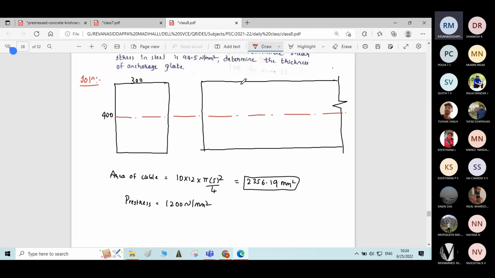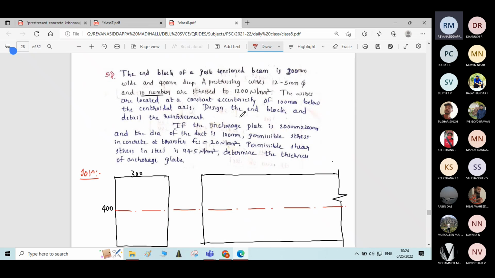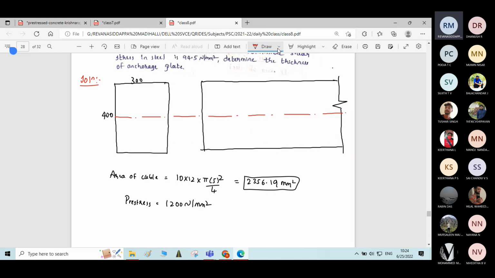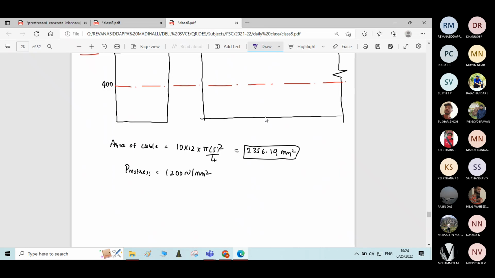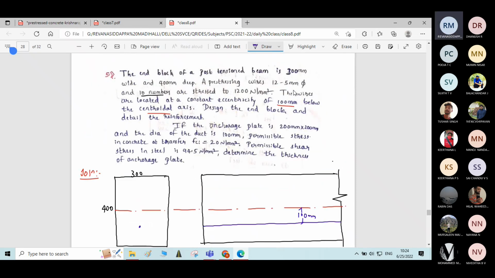Okay, the cable profile is given as at a constant eccentricity of 100 mm below the central axis. I'll write the cable now. Okay, constant eccentricity of 100 mm below the central axis. Okay, design the end block and detail the reinforcement.